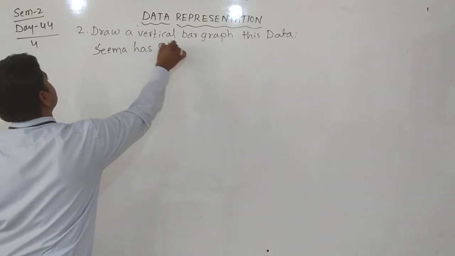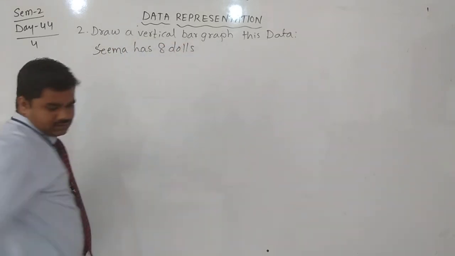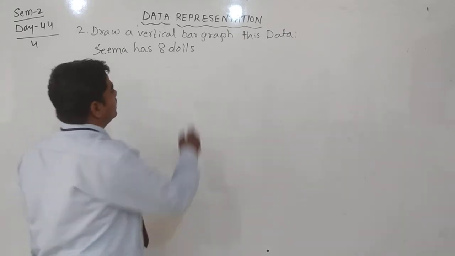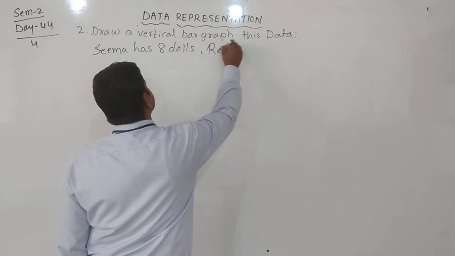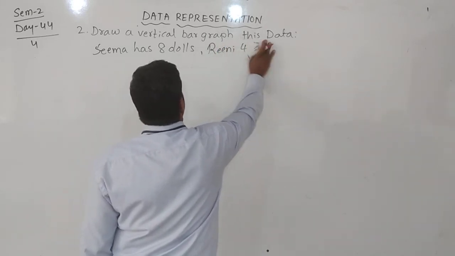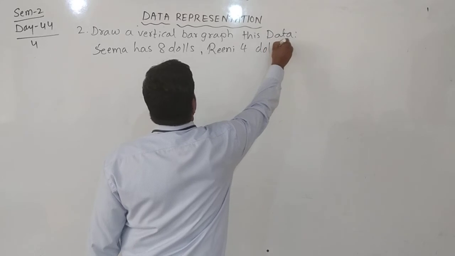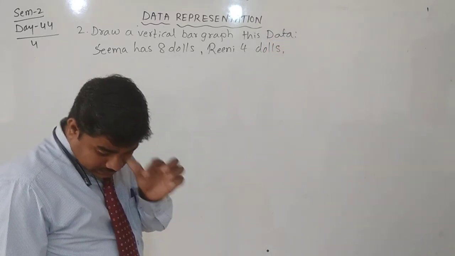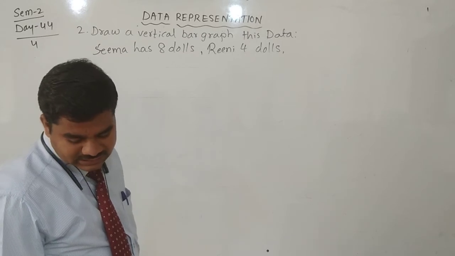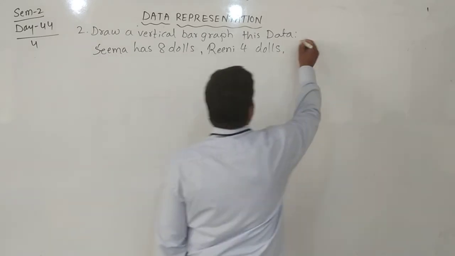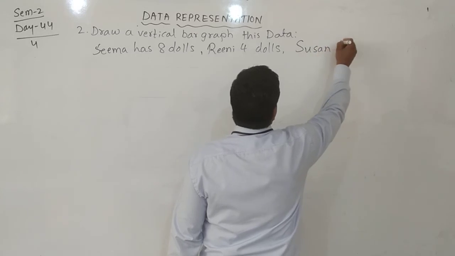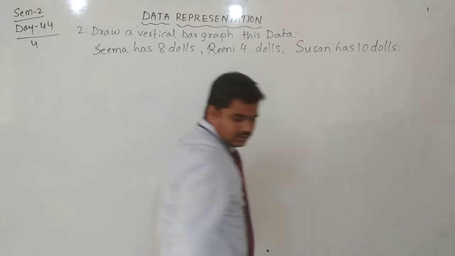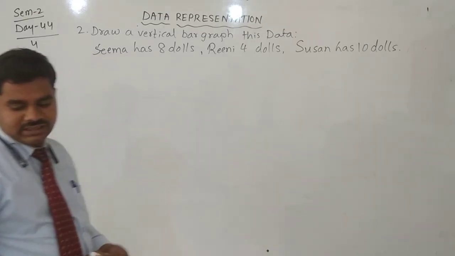Next, Reeni has 4 dolls. And one more, Sushan has 10 dolls. You draw a bar graph for this given data.